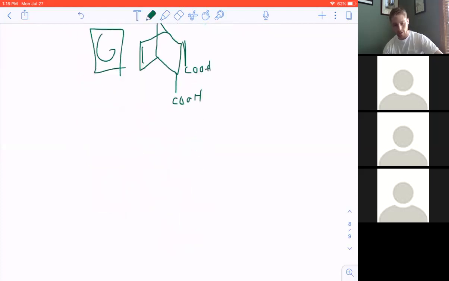So I am going to just draw out what this looks like. So what does this ask for? Select the endo product. And if you select two products, write the letters separated by a comma. And so the reaction is this.